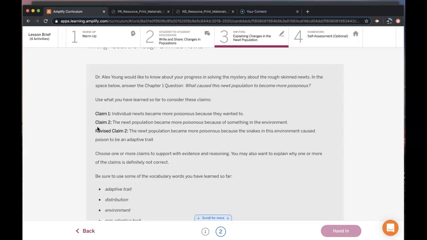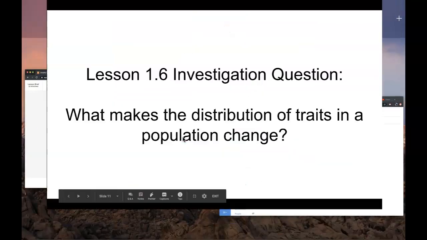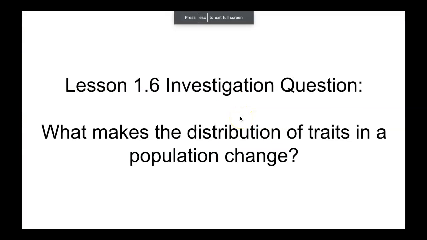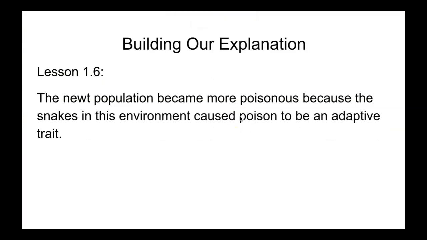So by examining the evidence, we have one part of our explanation for Dr. Alex Young. Since we all agree on this part of the claim, we're going to add it as a reference to build an explanation for our unit phenomenon, or why the newts became more poisonous. And so from lesson 1.6 at this point, our explanation is that the newt population became more poisonous because the snakes in this environment cause poison to be an adaptive trait.